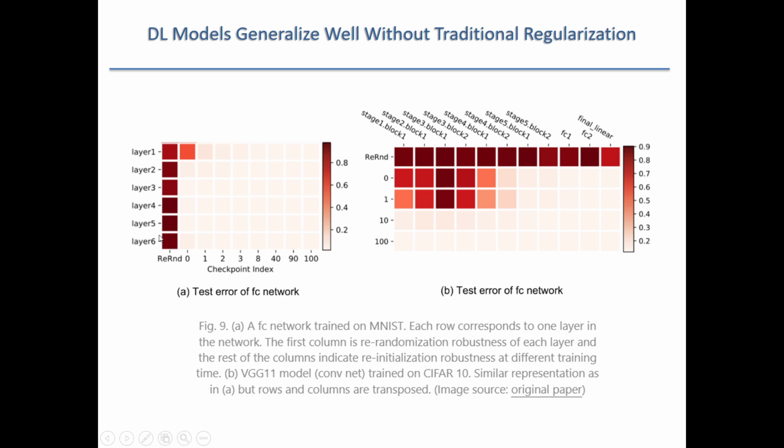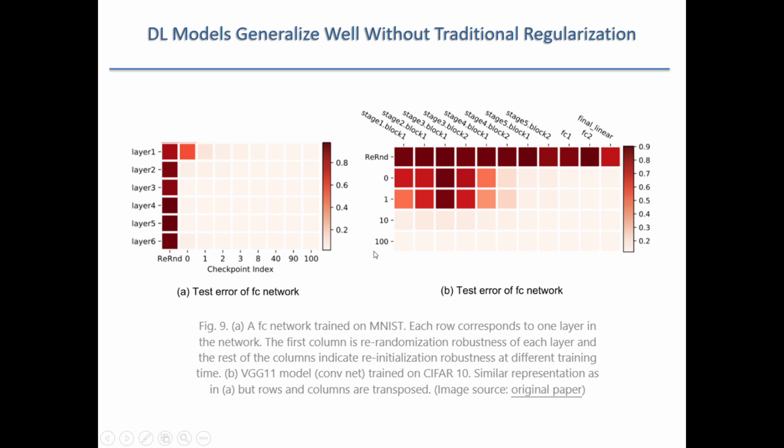Here it is again the different layers for a different network. You see that the darker the color, the more important the layer is. So last layers are more important than the first layers, and this is where in the training you are reinitializing. You see that reinitializing the first layer is more important than the rest.